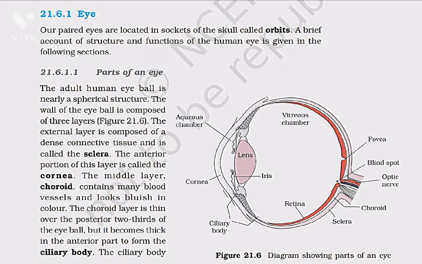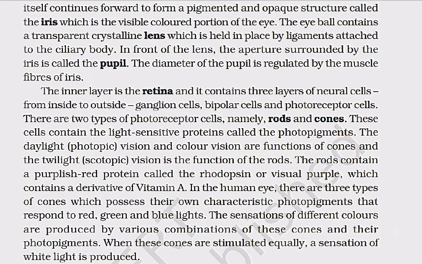The choroid layer is thin over the posterior two-thirds of the eyeball, but it becomes thick in the anterior part to form the ciliary body. The ciliary body itself continues forward to form a pigmented and opaque structure called the iris, which is the visible colored portion of the eye.